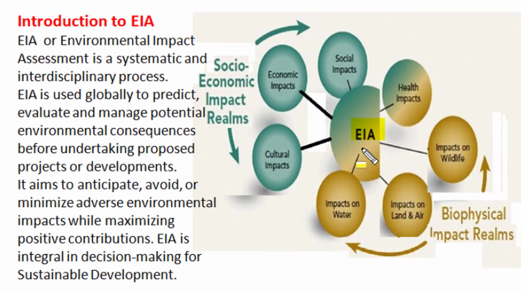EIA, Environment Impact Assessment, is a systematic and interdisciplinary process that includes social, economic, cultural impacts on socio-economic realms, and in biophysical realms it includes impacts on water, land, air, health conditions and other biosphere.